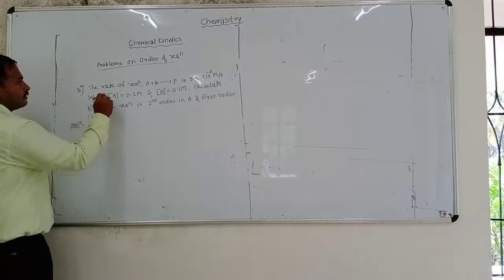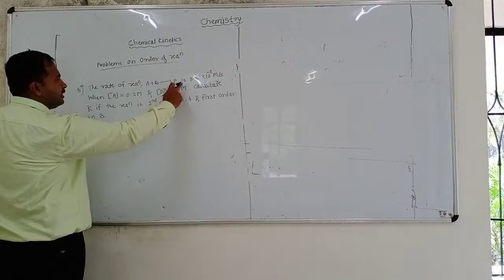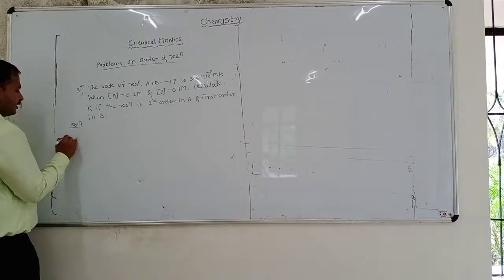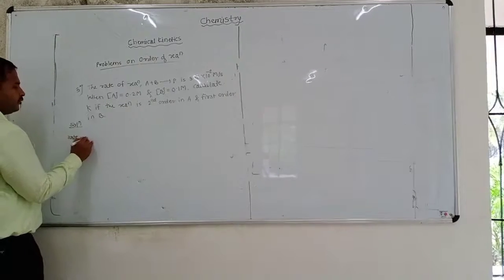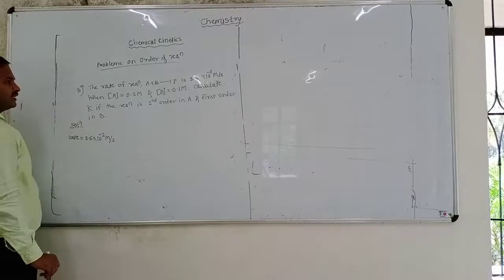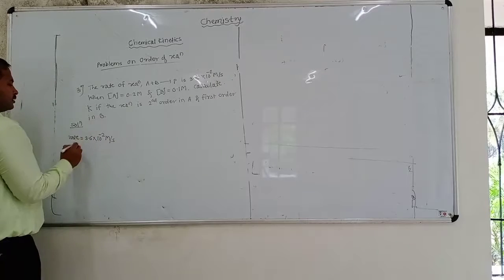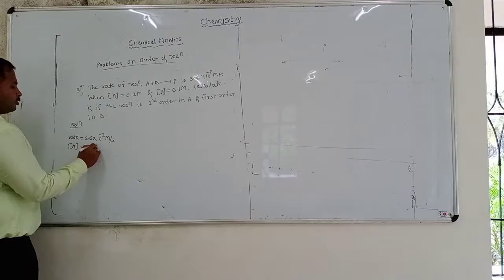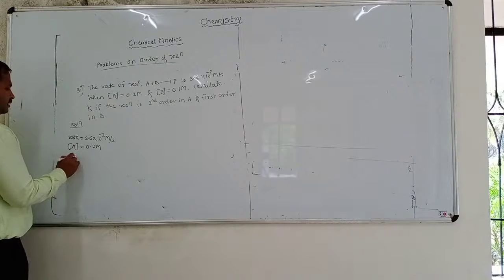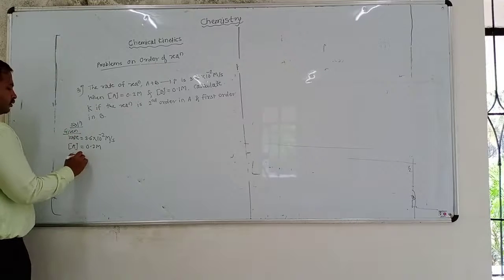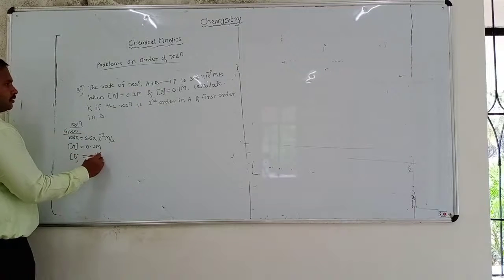Solution. The rate of reaction A plus B gives P is 3.6 into 10 raised to minus 2. Let me write: rate is equal to 3.6 into 10 raised to minus 2 molar per second, when concentration of A is equal to 0.2 molar and concentration of B is 0.1 molar.